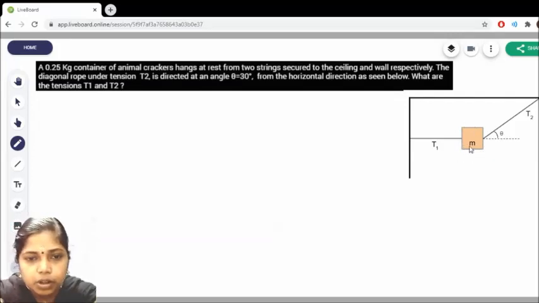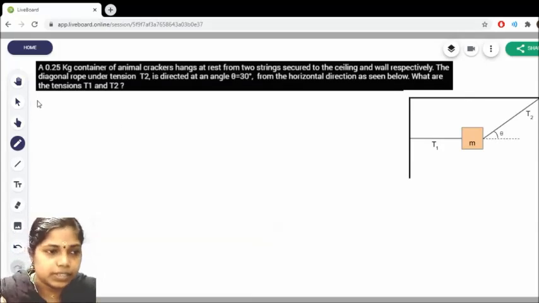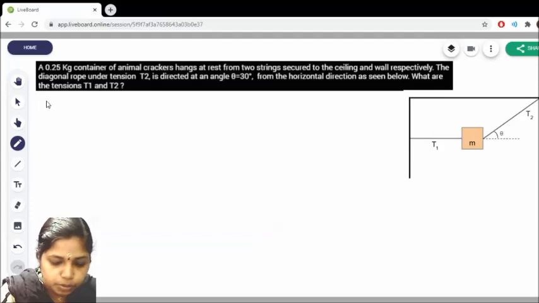We have a box with a mass m, and its mass is given as 0.25 kilogram, and using one string the object is tied to the ceiling, and using the other string which is tied to the wall, we have to calculate what are the tensions T1 and T2 involved in the strings. Alright, the first step is we have to draw all the external forces acting on the object.